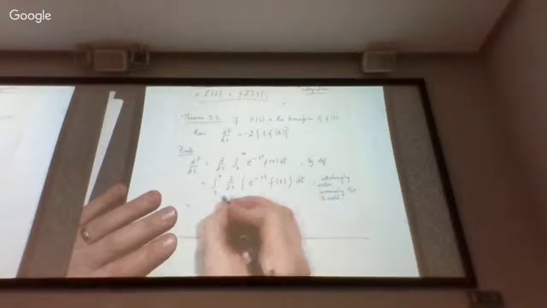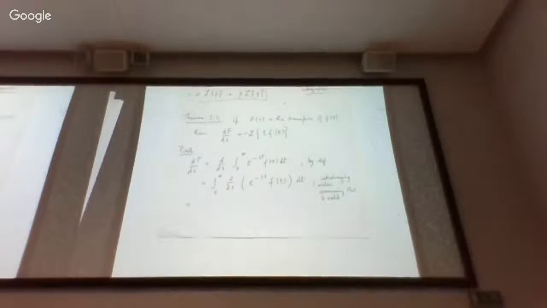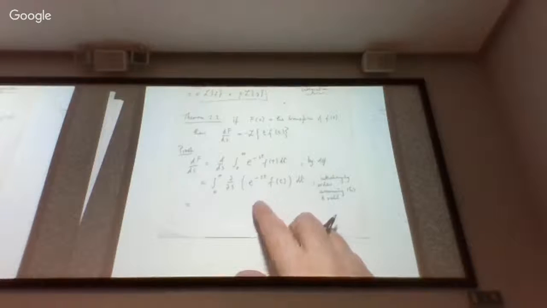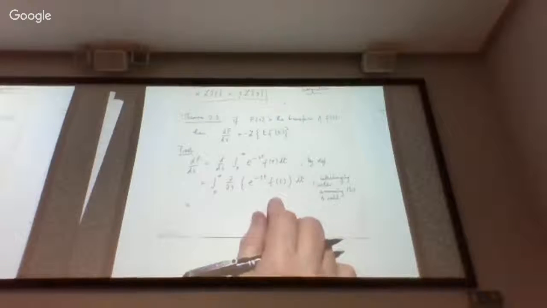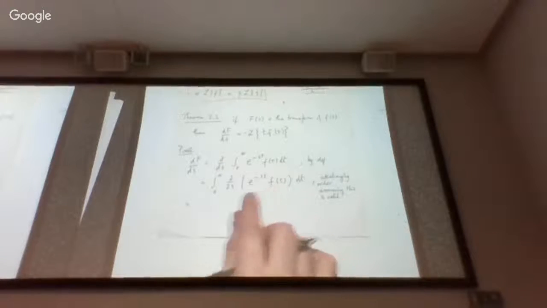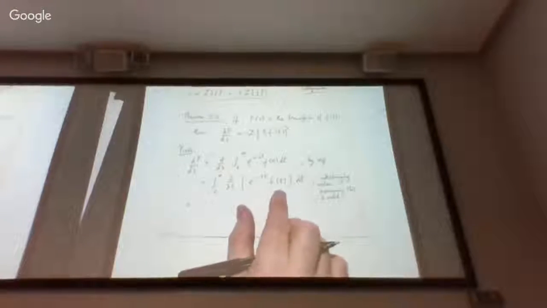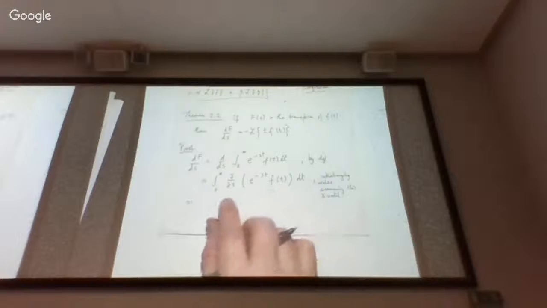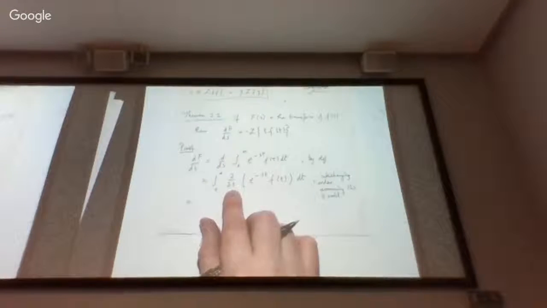But now we can actually carry out the differentiation. We have to differentiate with respect to s this product, e to the minus st times f of t. Well, t is a different variable, so this f of t should just be treated like a simple constant for the purposes of this differentiation.